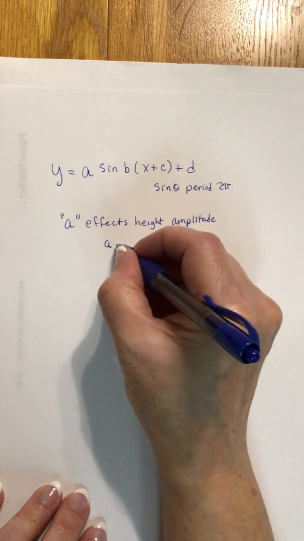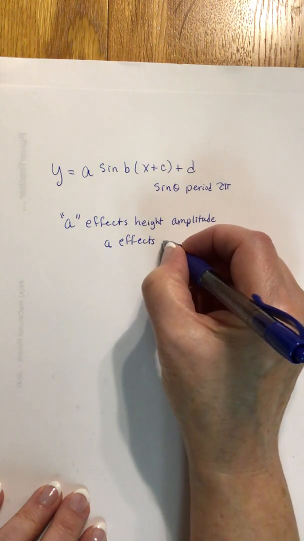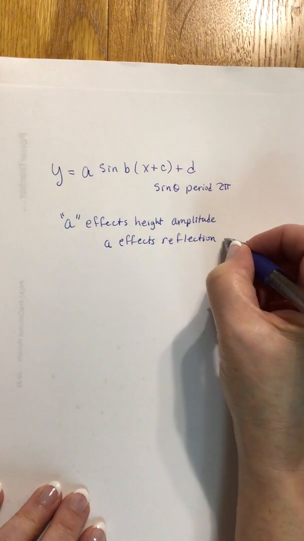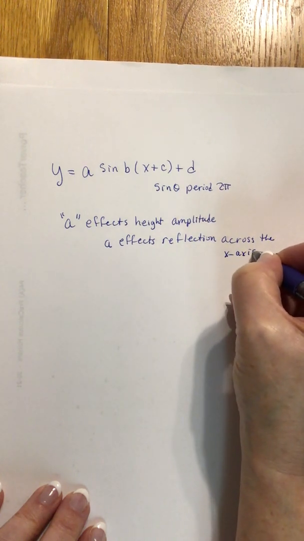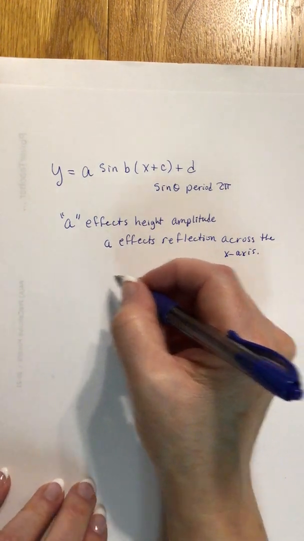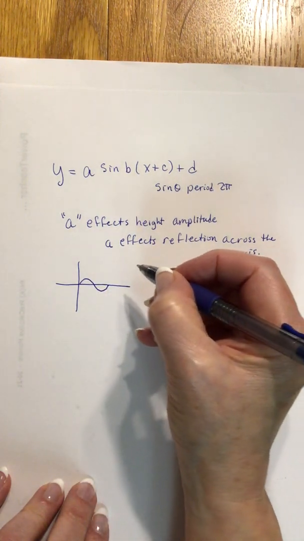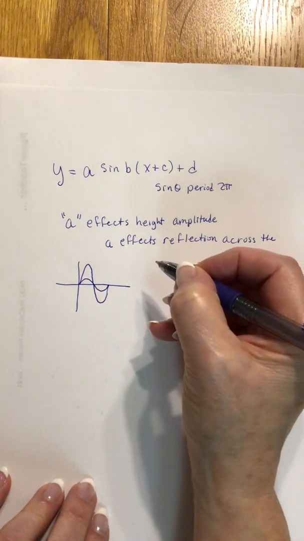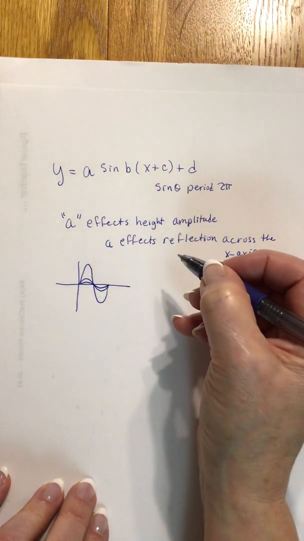So the a also affects the reflection across the x-axis. That determines whether it's going to flip down or whether it's going to stay where it is. So the a does something like this. The sine function is going to be like this, like we just graphed. But if the number's a 3, then it might go up and just come down like that. If the number is smaller, then it might be one that's really short that's going to be underneath there.